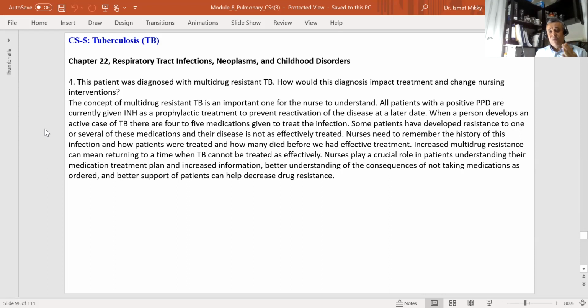It begins with INH, which is isoniazid, rifampin, ethambutol, and pyrazinamide. So we have 4 different meds to treat the TB, and we use 4 medications to try to prevent multi-drug resistant TB.